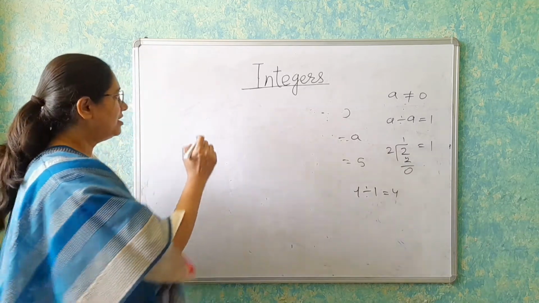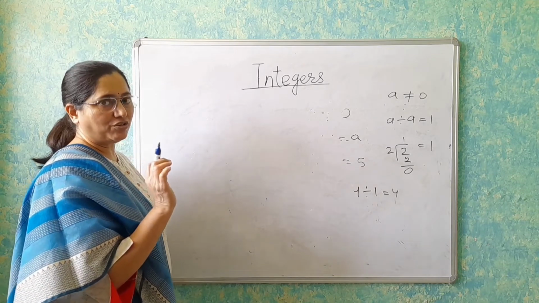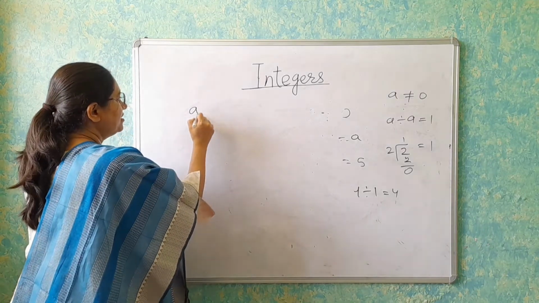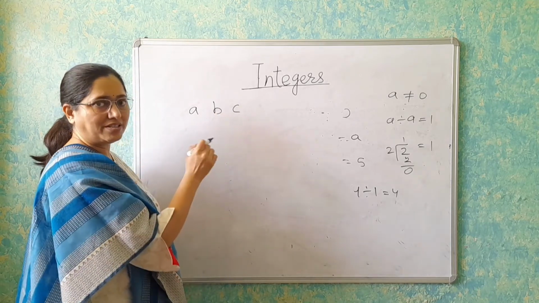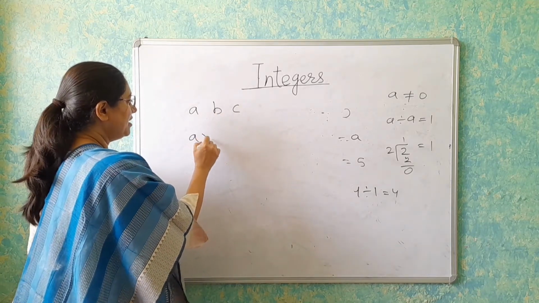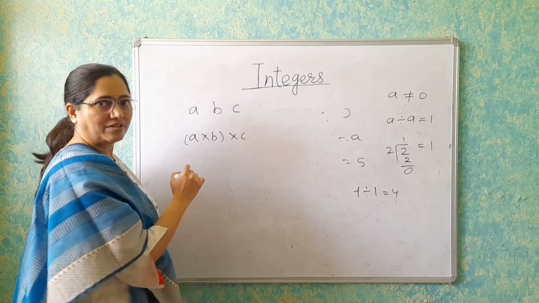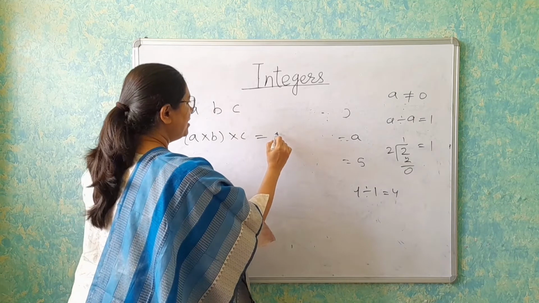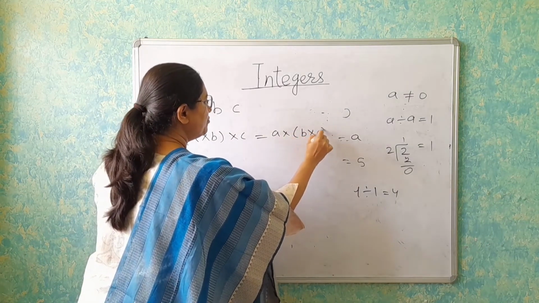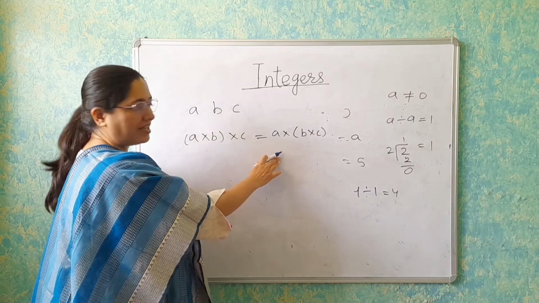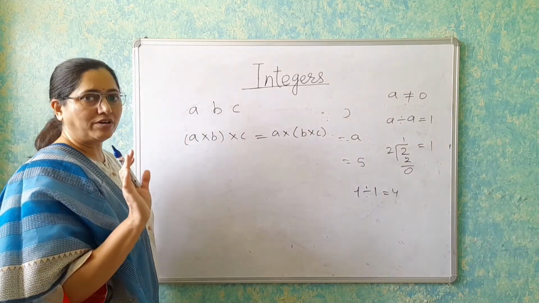If you remember the associative law of multiplication of integers, it states that if there are three integers a, b and c, and I multiply a with b first and then with c, or I multiply b and c first and then a, the answer is the same in both cases. But in the case of division, this is not possible.